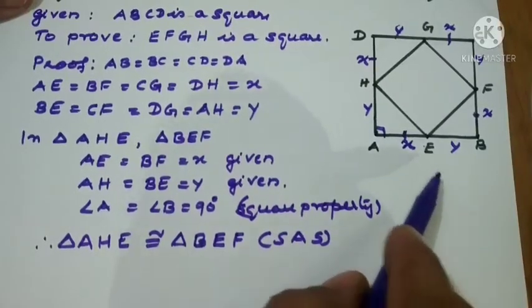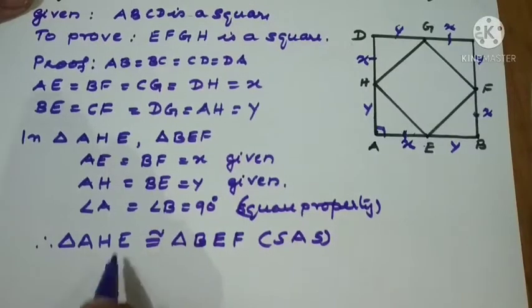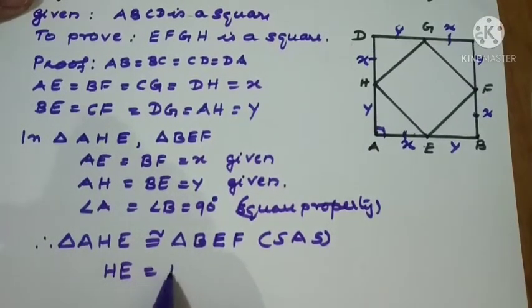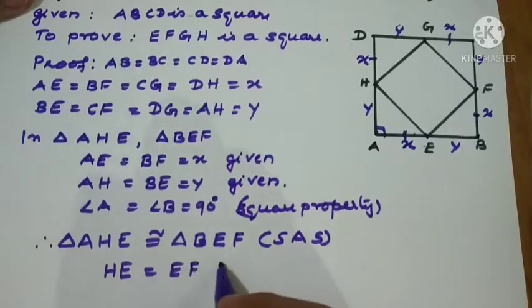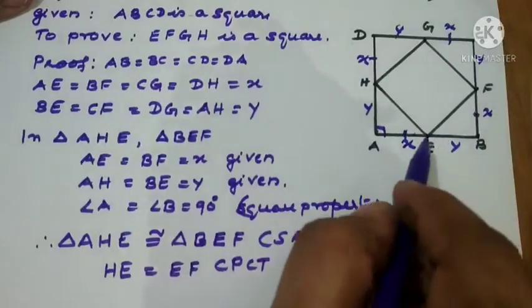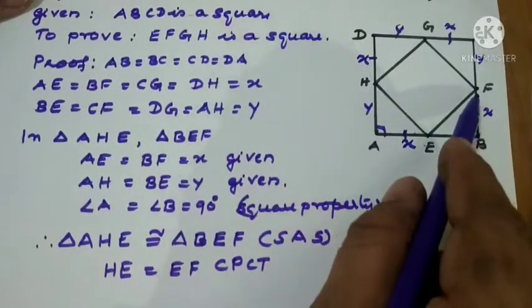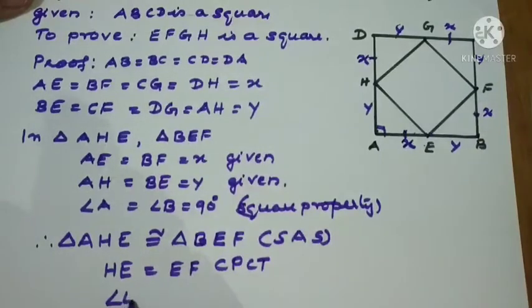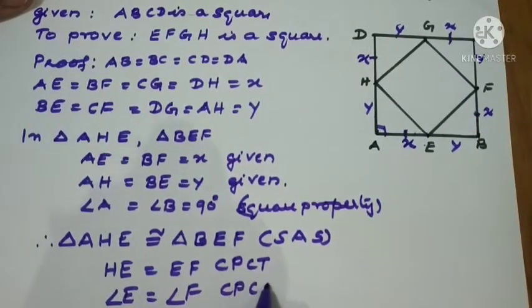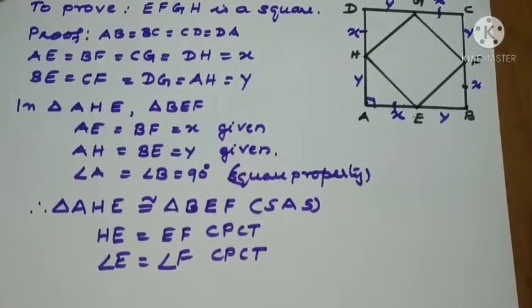Now what are the remaining sides? HE and EF are equal. Already we have used the two sides there. So HE equal to EF by CPCT. Yes, next one more CPCT we want. What about angle E? Angle E equal to angle F. E is 90 degrees, we have proved.